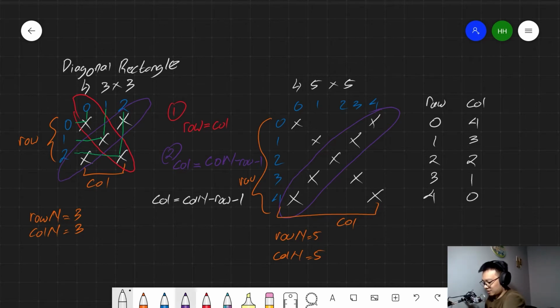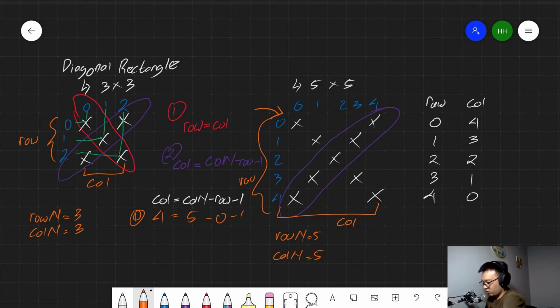So let's try to do the simulation. You start from row equals 0, right? Your column n equals 5, and your row equals 0. Whenever you calculate this, you get the index of the column for your very first iteration, so this one is 4, right?